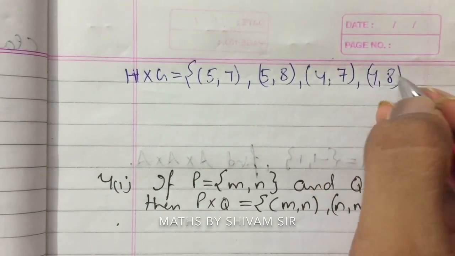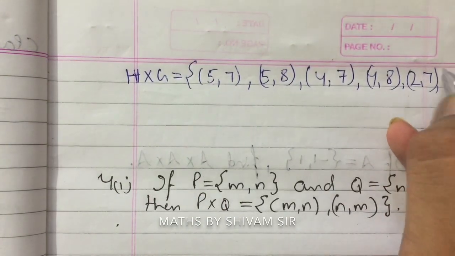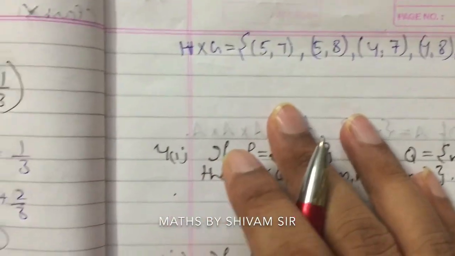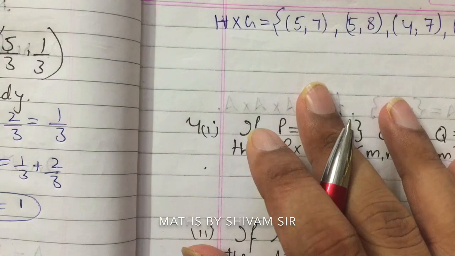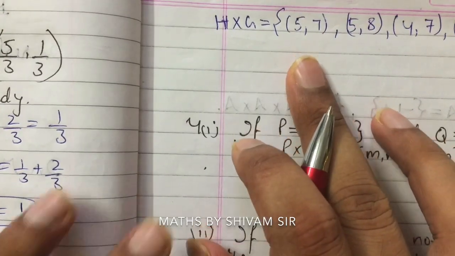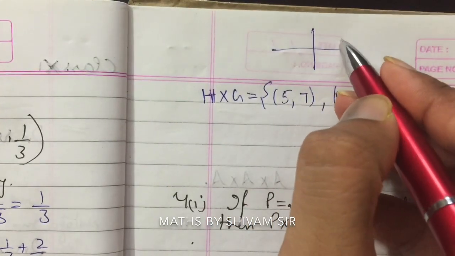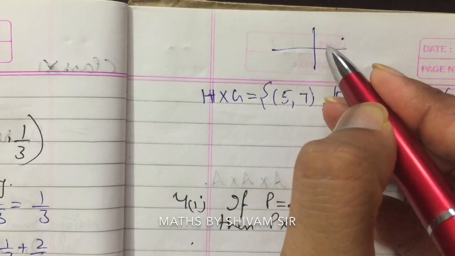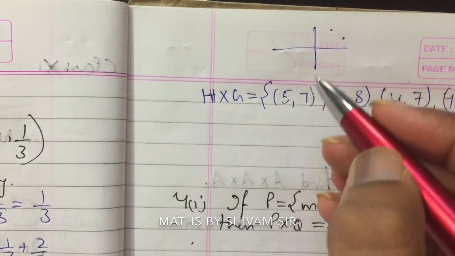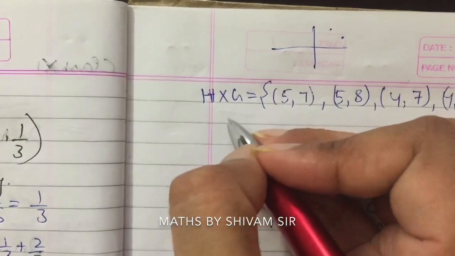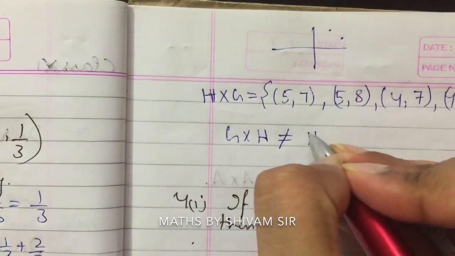Then 2, 7 and 2, 8. So these are the elements of H cross G. So remember, 7, 5 in G cross H will not be equal to 5, 7. If in the Cartesian plane you plot these points, 7, 5 will be a point somewhere here and 5, 7 will be a point somewhere here. So these 2 points are not equal. I hope you are getting it. So that means G cross H will never be equal to H cross G.